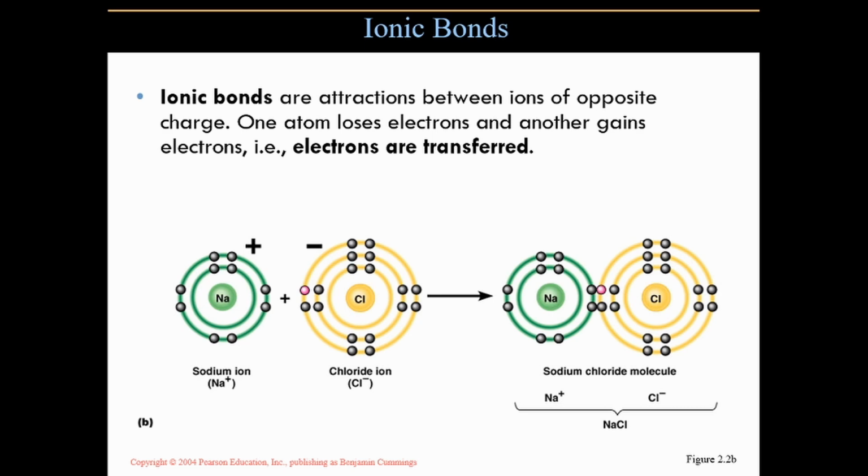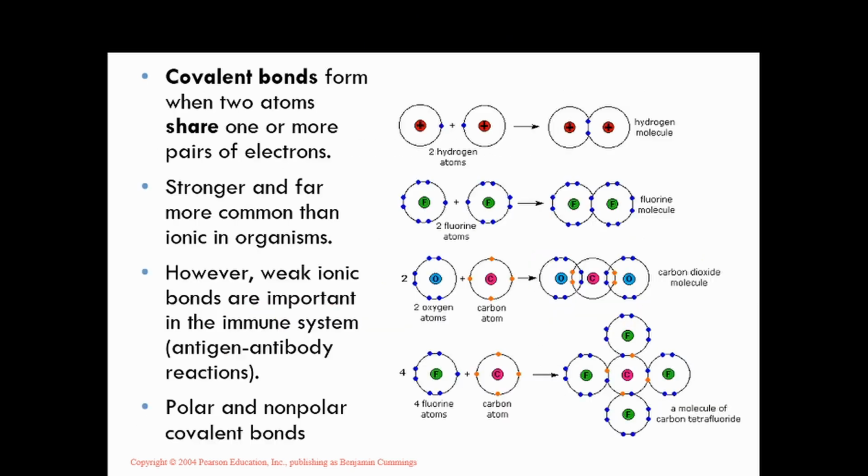Chlorine had 17 electrons, picks up another one, and now has 18 electrons. Its outer shell is full, and so those two bond together ionically, called the sodium chloride molecule, held together by the ionic bond in which the electron from sodium was transferred to chlorine.